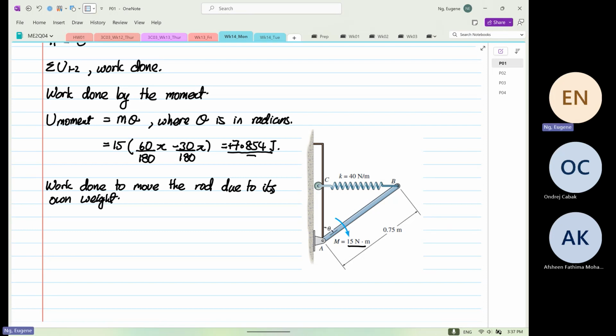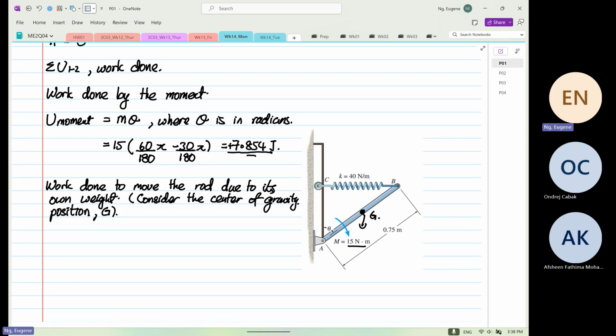Down here, you have to be really, really careful. For the work done by the rod, you have to consider the center of gravity position, which we call G. For this case, G is exactly over here.